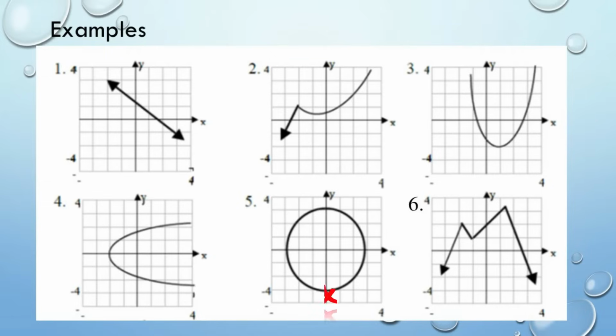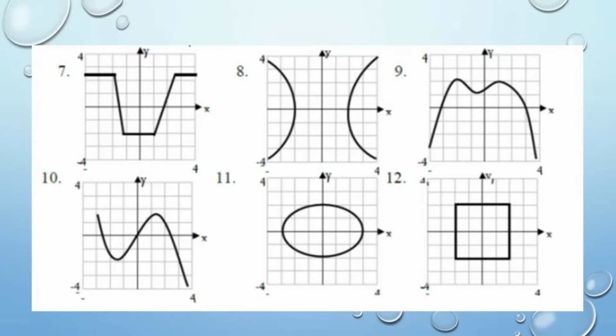Graph number 5. It is not a function because the vertical line cuts twice. Graph number 6. If you look carefully, this represents a function. Graph number 7. It represents a function because each time the vertical line cuts only one point.